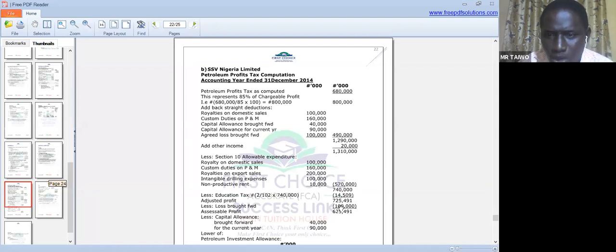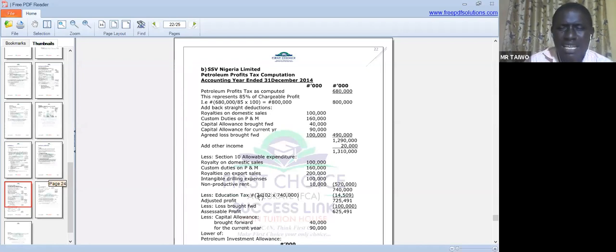You now less my loss brought forward. You can now see the way they treated this loss brought forward in this question. They did not use it to adjust this education tax. But in your pack, they identified and they used it.